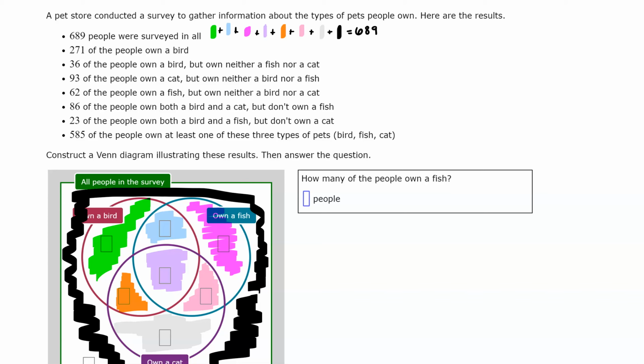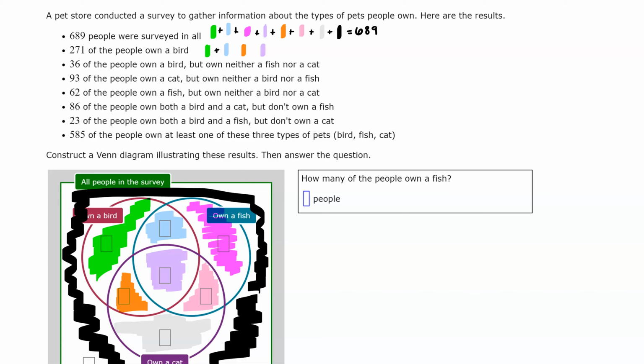The next sentence says 271 of the people owned a bird. So owning a bird is the big red circle. It's got 4 rooms: green, blue, orange, and purple.